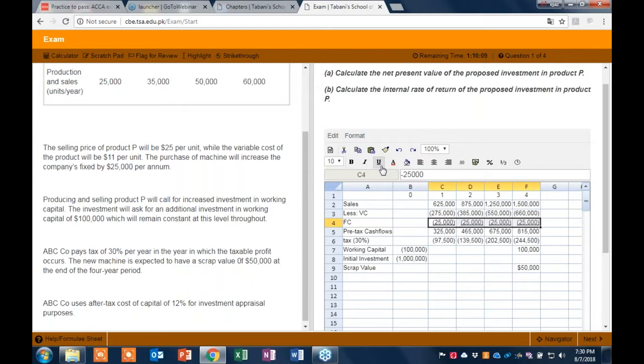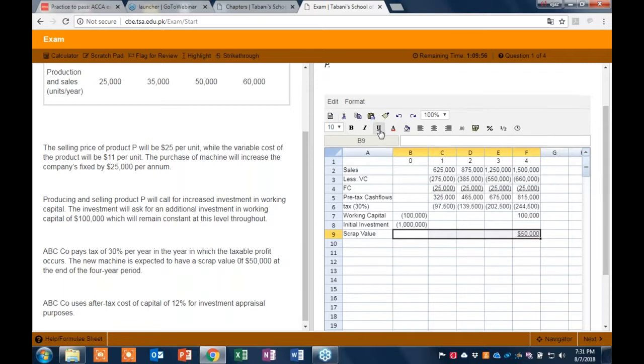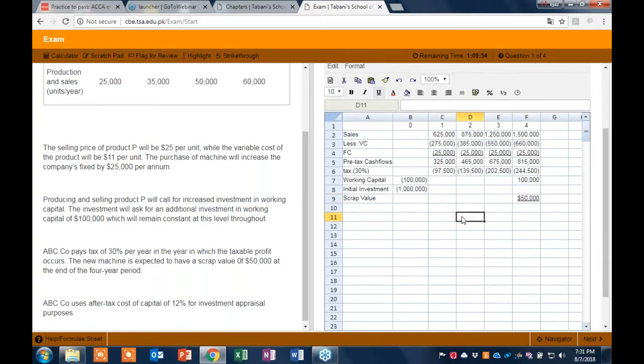So I'll just underline all those figures because this is the net of the above figures. And now it's time to net off all those cash flows because we don't have any more cash flows left. We'll just be netting off those cash flows, and we'll call them net cash flows.